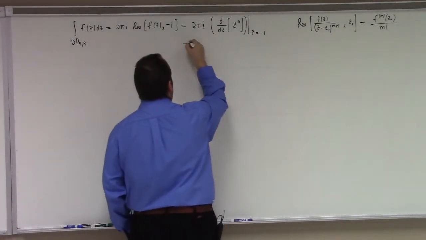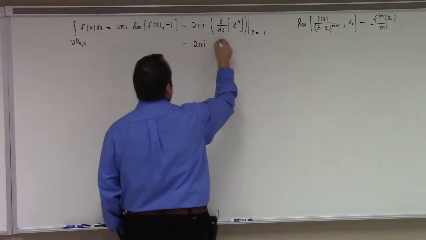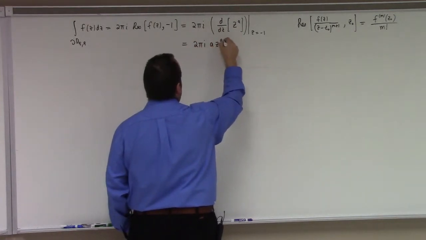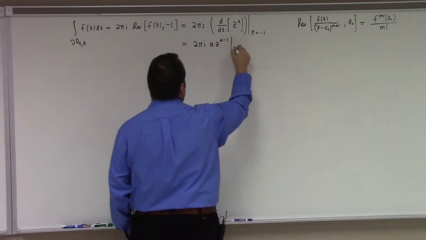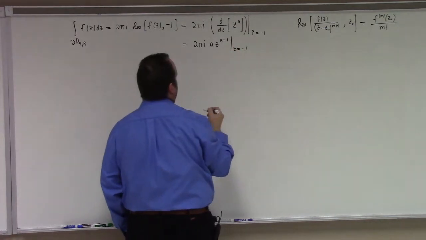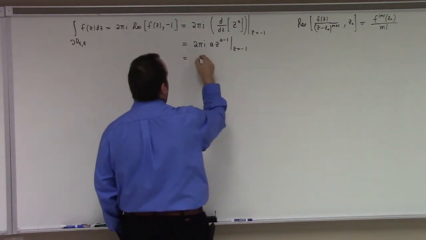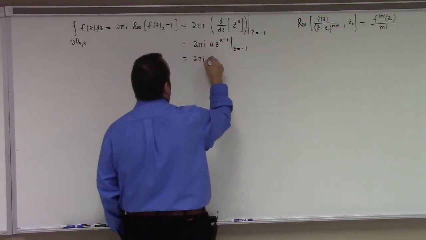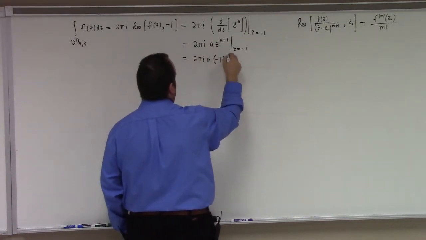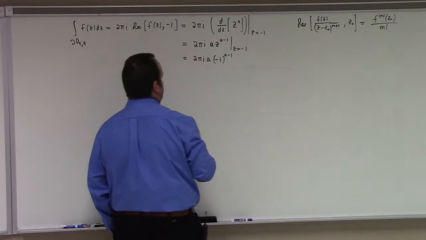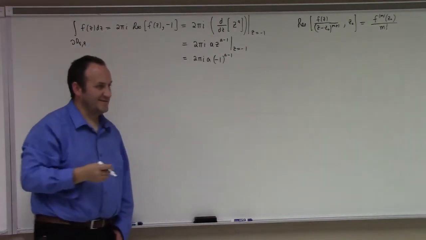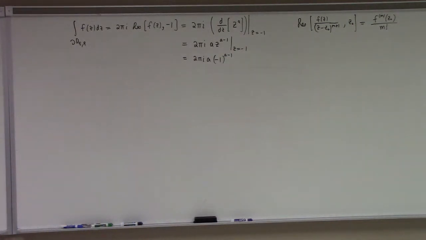And then this is 2 pi I a z to the a minus 1 evaluated at z equals minus 1, which is what? 2 pi I a times minus 1 to the a minus 1. What's that? I don't know. What is minus 1?